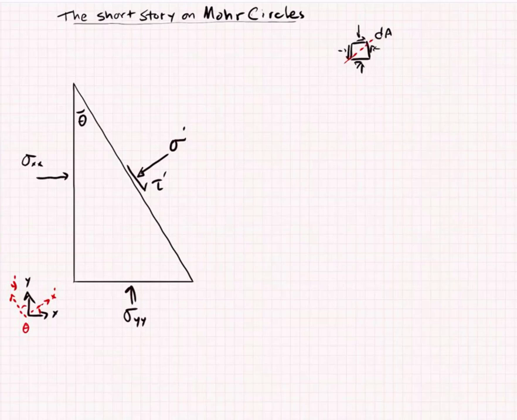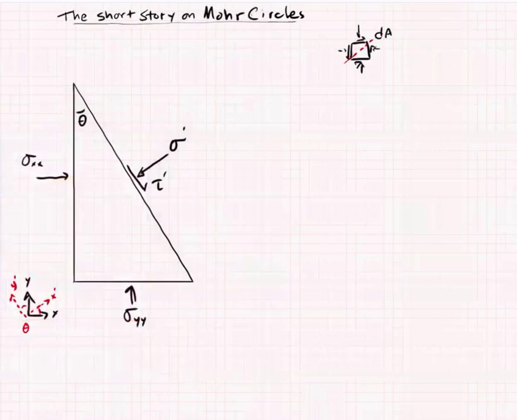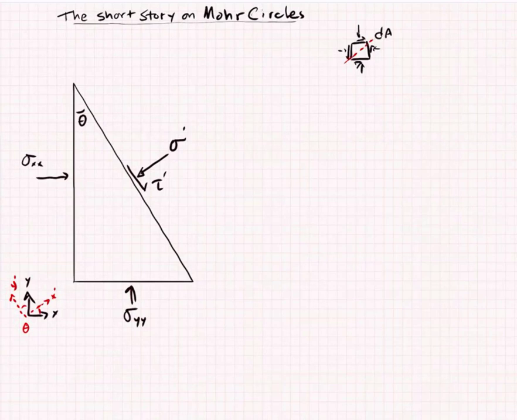So, as we have before, we have to convert these stresses to forces by multiplying them by the area of the surfaces on which they act. And this time I'm going to call this diagonal surface DL, the D to remind us that this is a small surface.